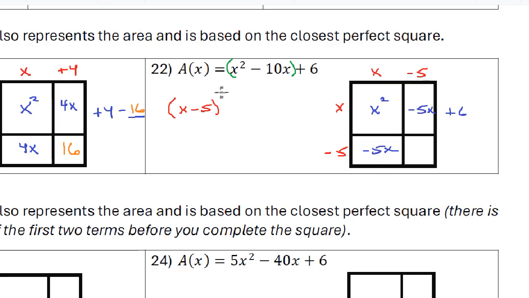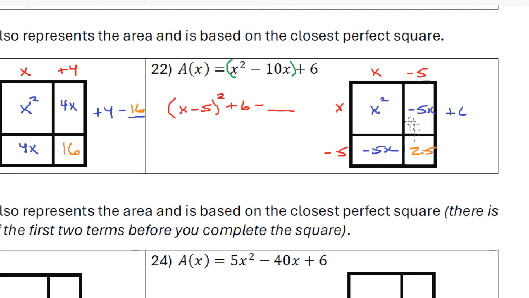But now my issue is this. I had this plus 6 before, and now I have to actually subtract something. And the reason why is because to make this x minus 5 times x minus 5 a perfect square, we have to figure out what this number is. Negative 5 times negative 5 is 25.